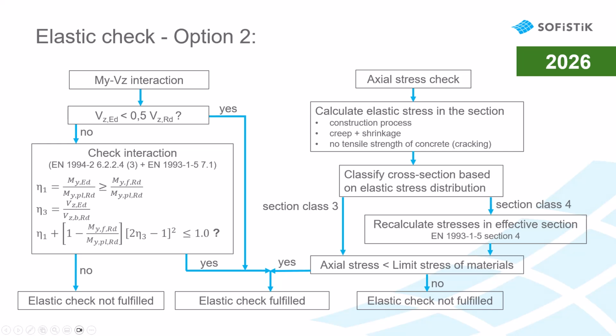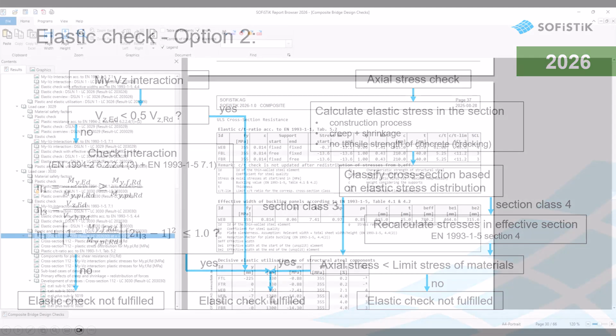The program will therefore trigger a warning in the plastic design check when it detects significant bending in cross direction. However, the decision if this is really an issue for the system and which check should be applied has to be made by the user.